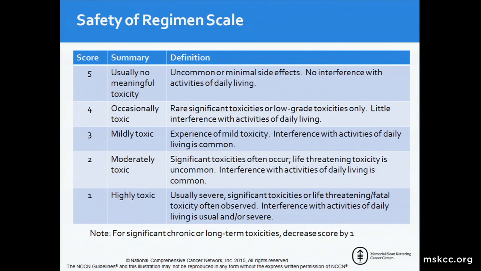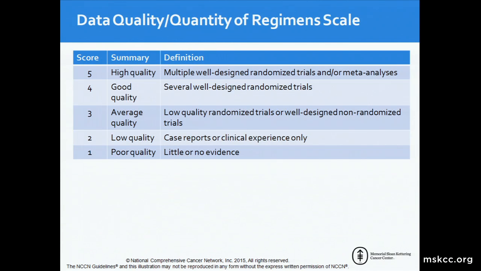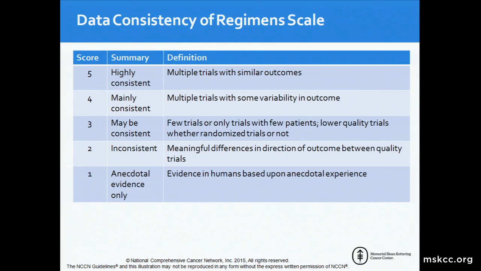Safety, same thing, 5, no meaningful toxicity, 1, highly toxic. Quality of the data quality, that we have really multiple lines of evidence that supports this, all the way down to, gee, this is just our gut feeling about what this regimen is about.